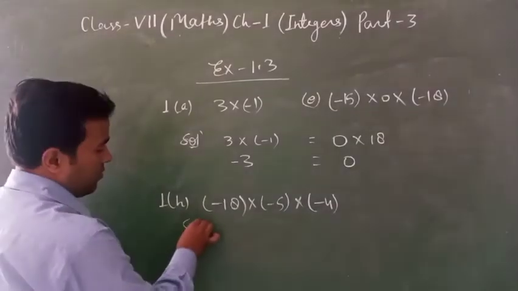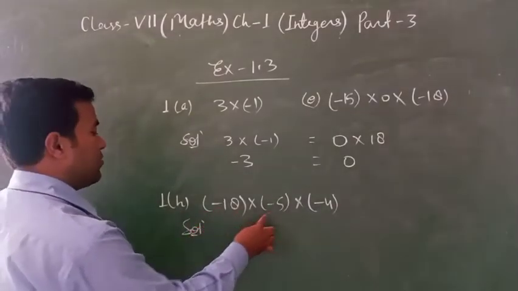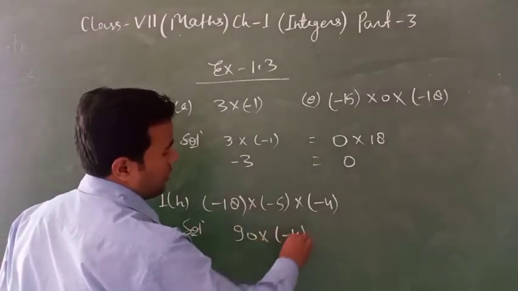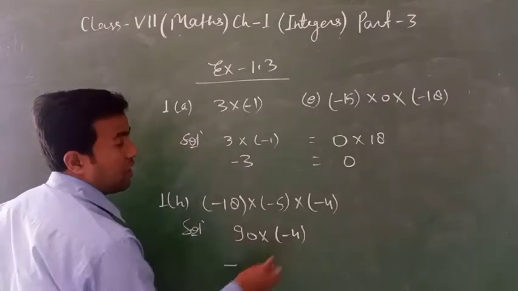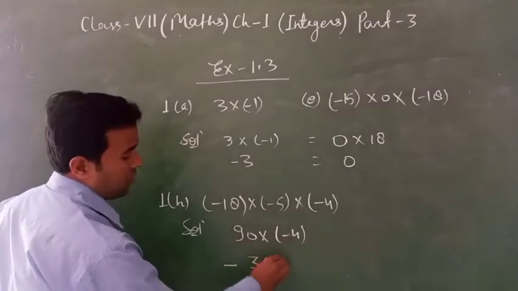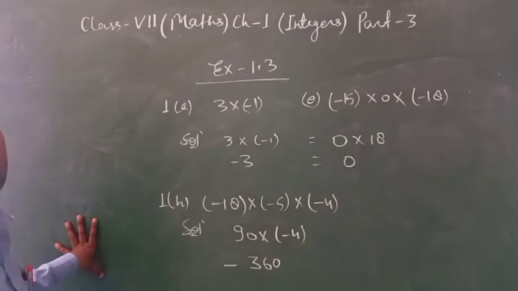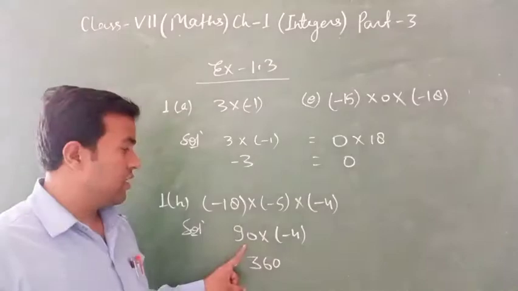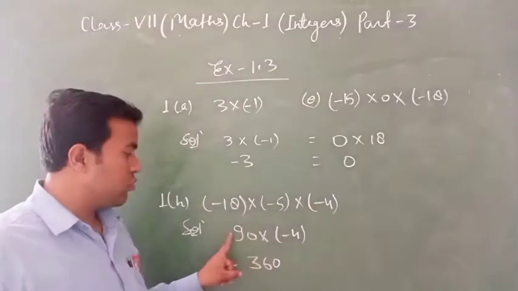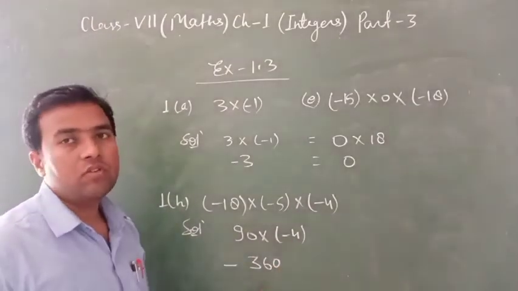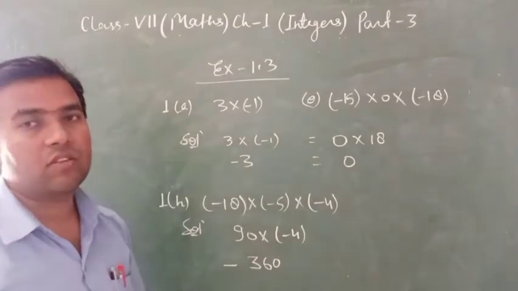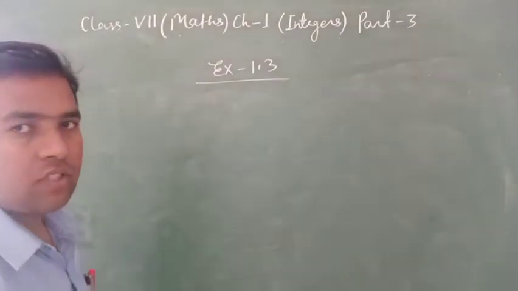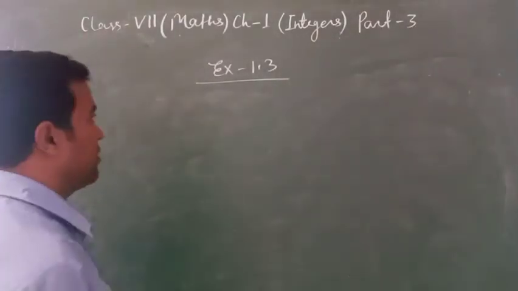So multiply: 18 fives are 90, minus into minus is plus, so plus 90 into 4 is 360. 360 is the answer. Note down.